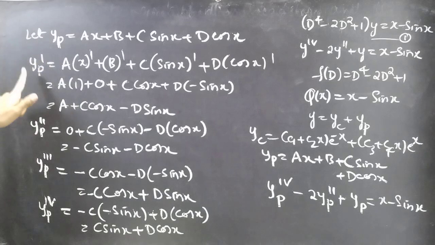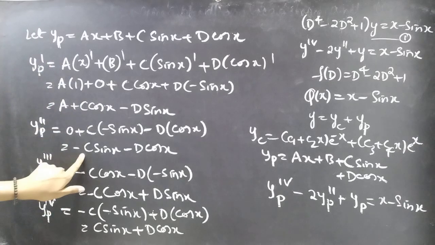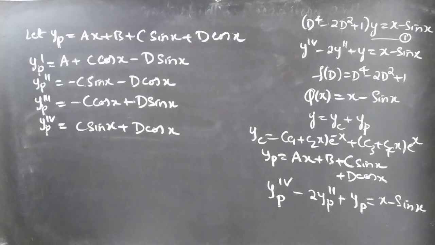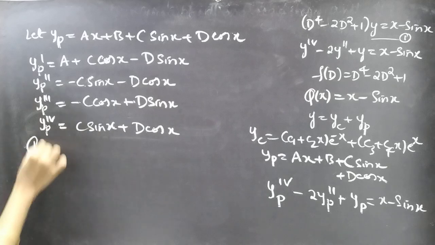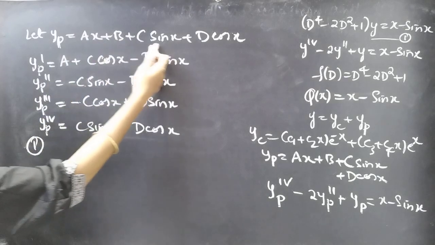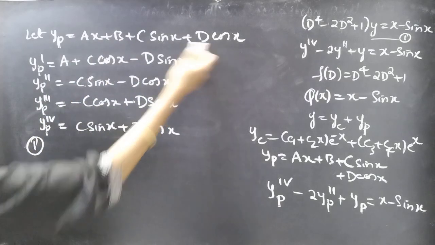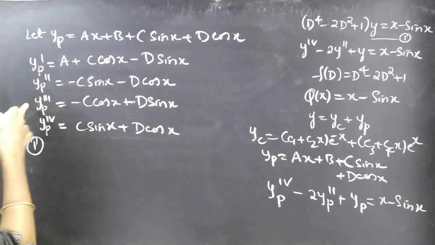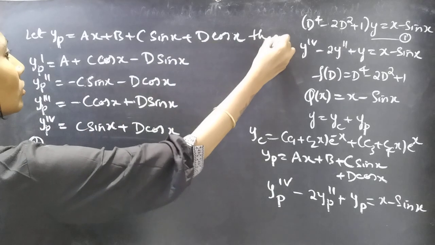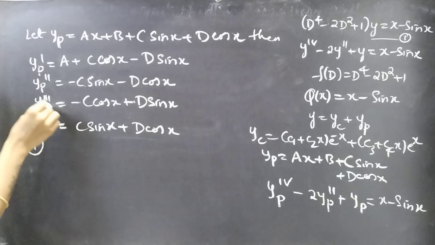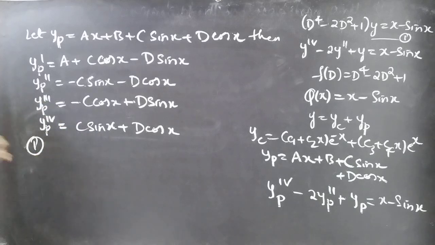We are having yp dash, yp double dash, yp triple dash, yp power 4. Let's write all together. When yp equal to ax plus b plus c sin x plus d cos x, and yp dash, yp double dash, third derivative of yp, fourth derivative of yp will be this, right?